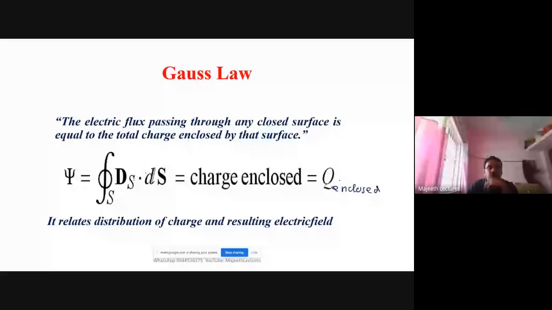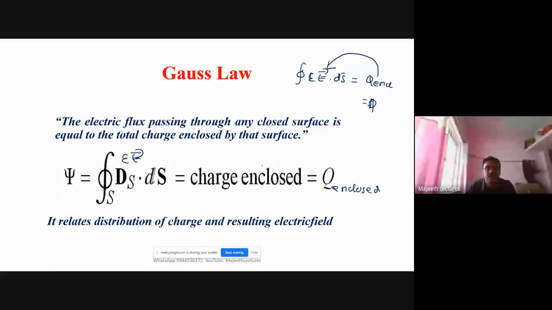Here you see D is equal to epsilon E, we know. The right hand side is the source, left hand side is the effect. So from D equal to epsilon E, closed integral E dot dS is equal to Q enclosed. You see, the enclosed charge creates electric field. That's what Gauss law states.